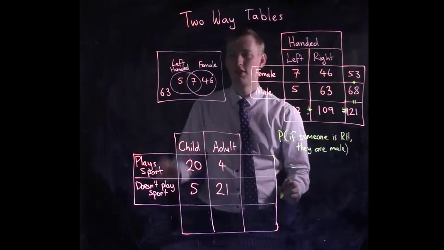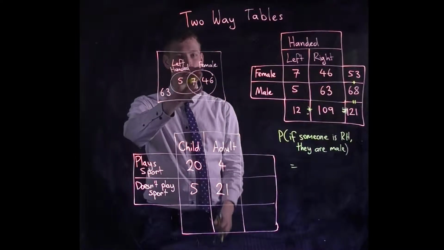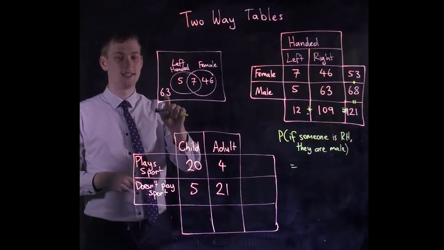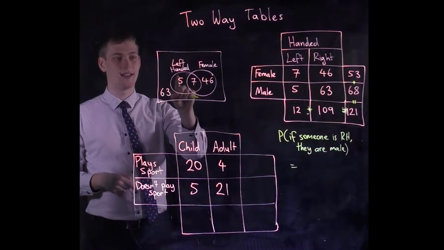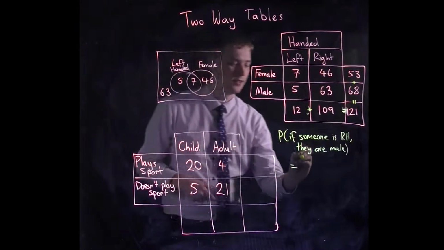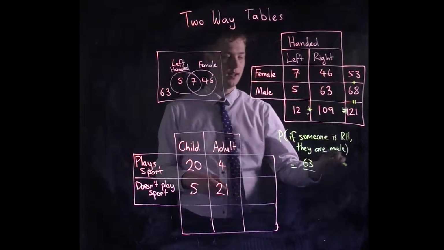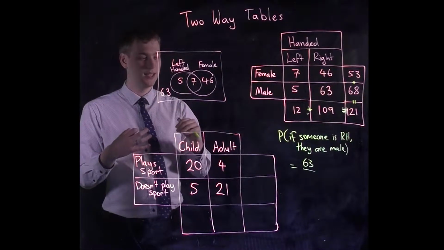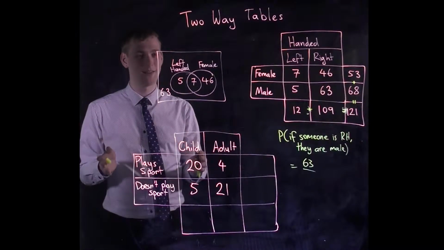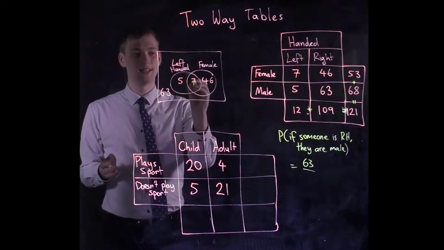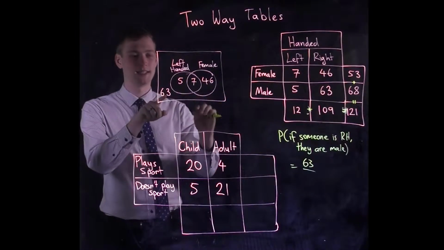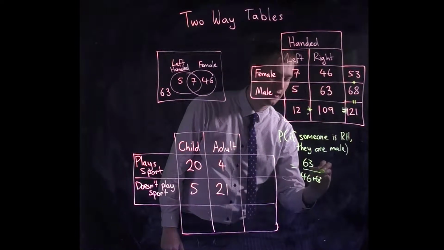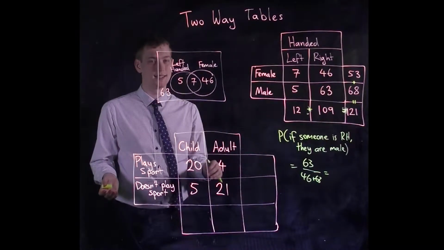If we were to do that from here, the probability that they're right-handed and male would be this number here, because they're not female and they're not left-handed, so it's 63. So we put 63 over, and then if they're right-handed, our sample space only includes right-handed people. So we can't include these two numbers, it's going to be 46 plus 63. And then we can simplify that and we get the right answer.